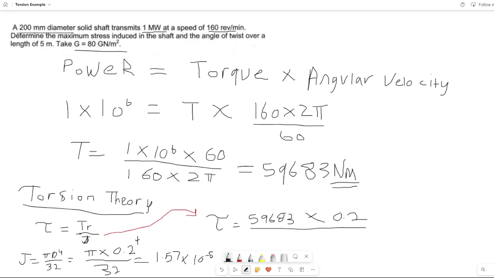We would then obviously substitute this value in here, 1.57 times 10 to the minus 8.